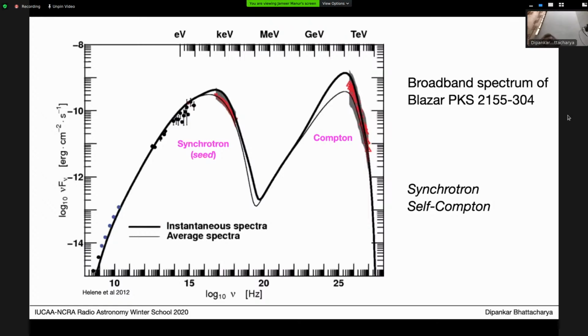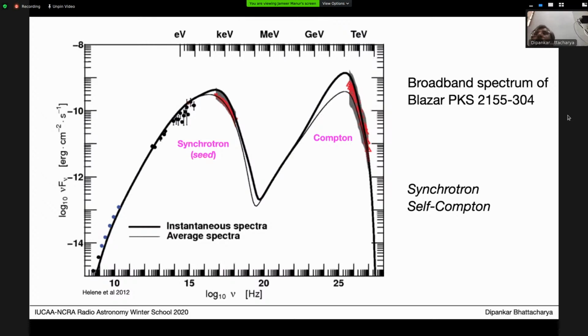And you can get in the spectrum two humps like this. The first hump comes from the synchrotron process, and this synchrotron process then provides seed photons for the Compton process, and this Compton process then boosts these by gamma squared and produces a second hump, as you can see in the spectrum.